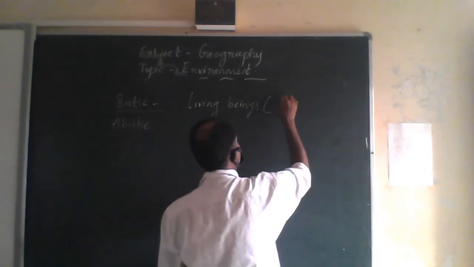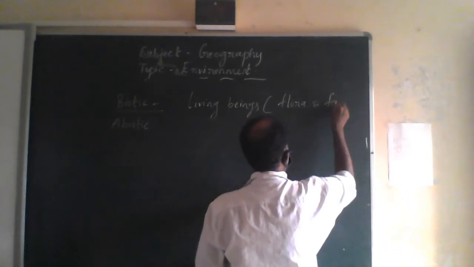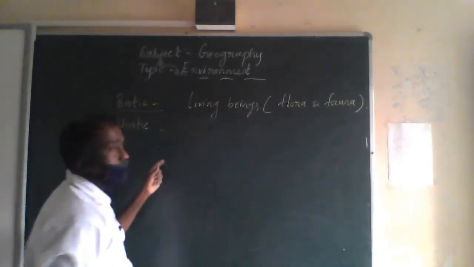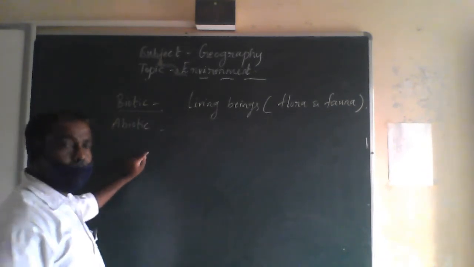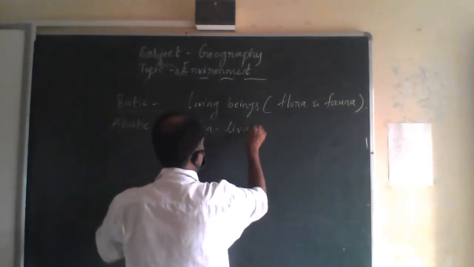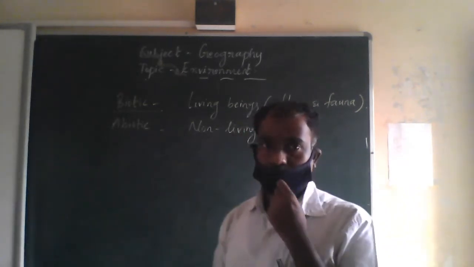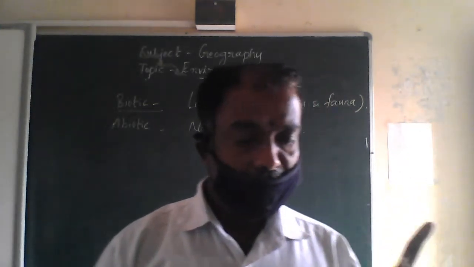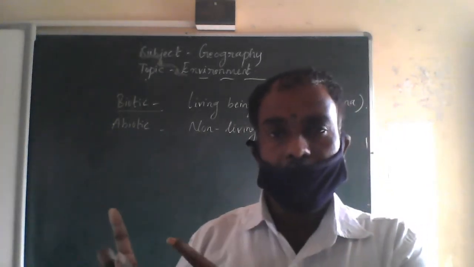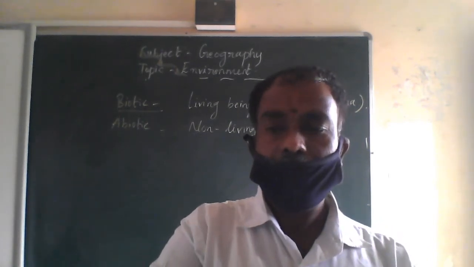And abiotic means non-living beings. Is it clear? Biotic means living beings and abiotic means non-living beings.